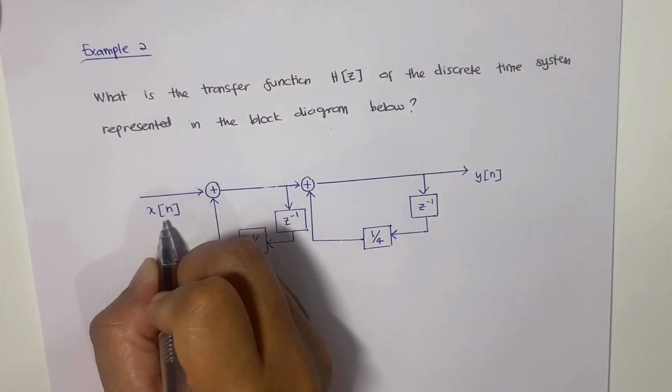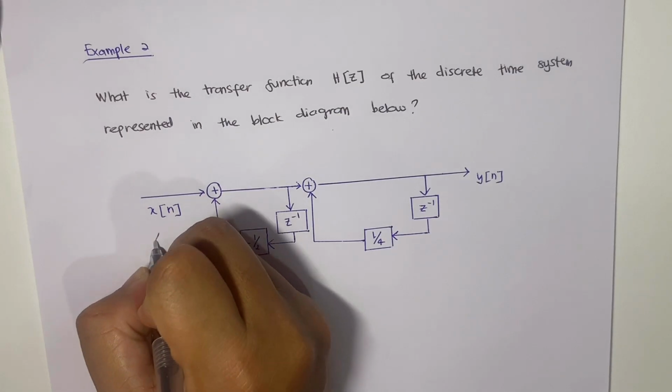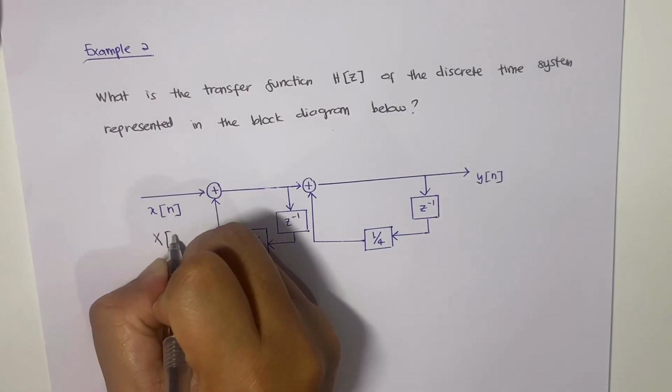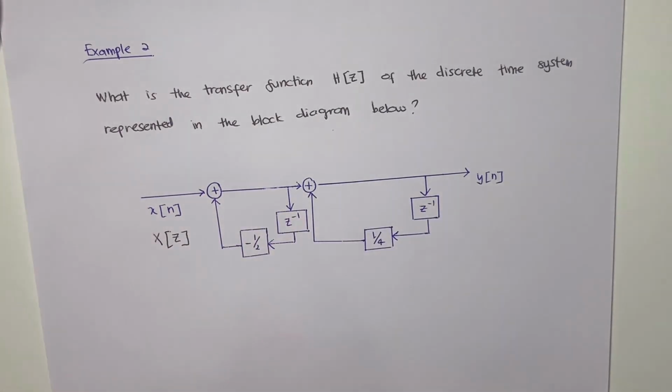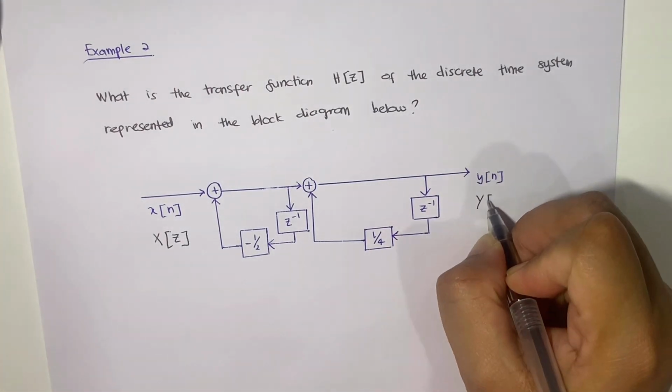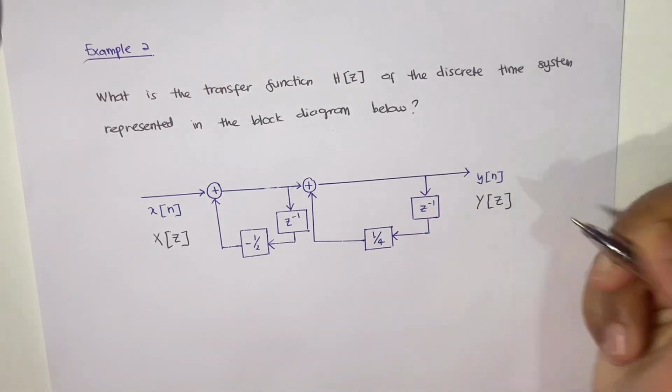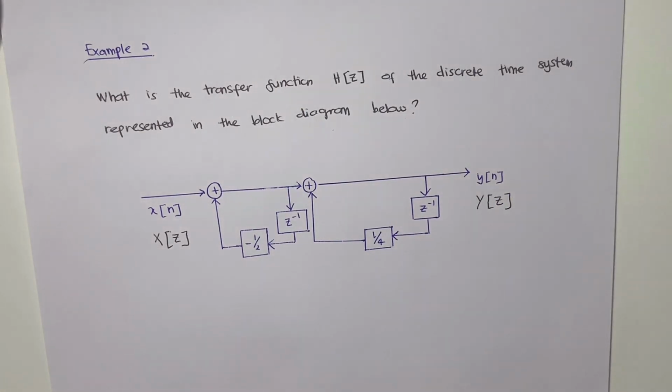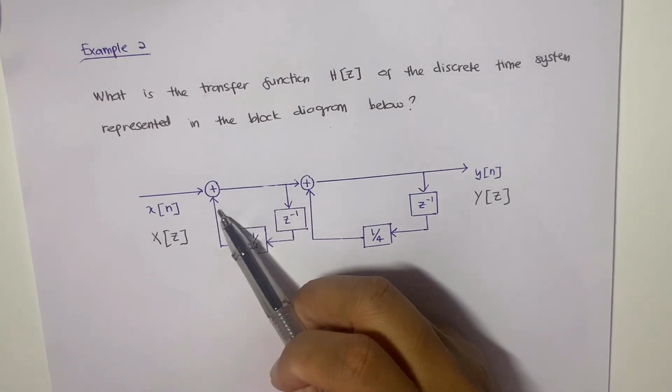Here is xn. You need to change it to xz. Okay. And here you can change it to yz. Okay. Now we know that this is the plus sign.